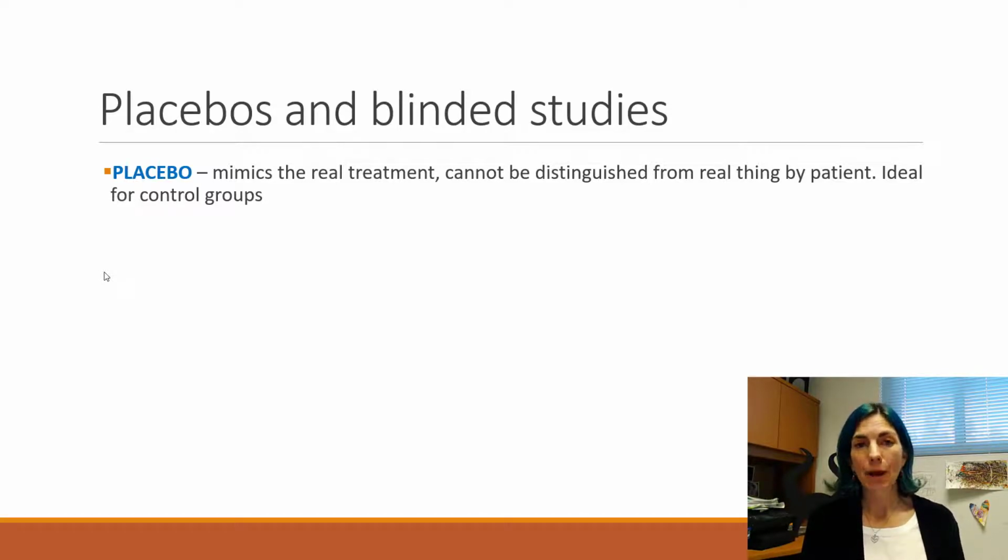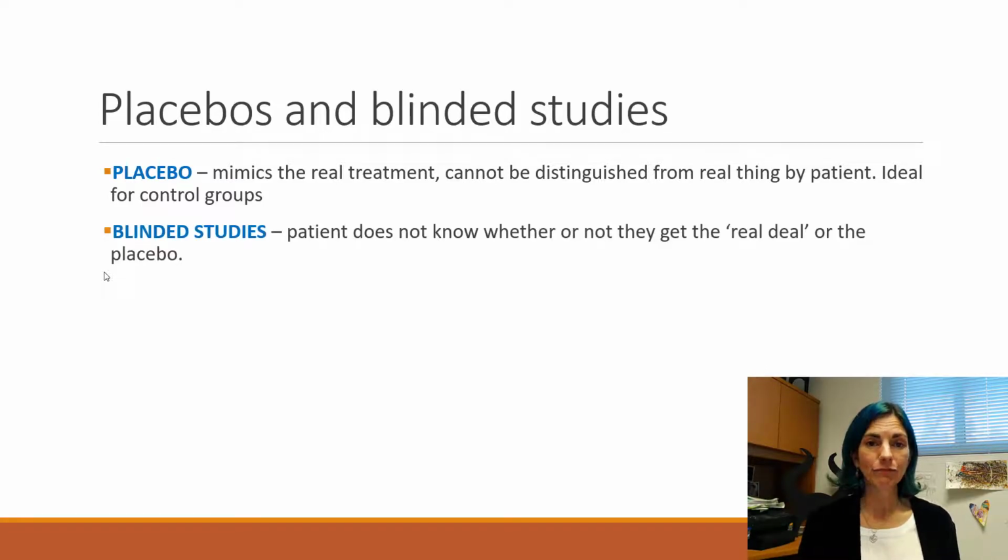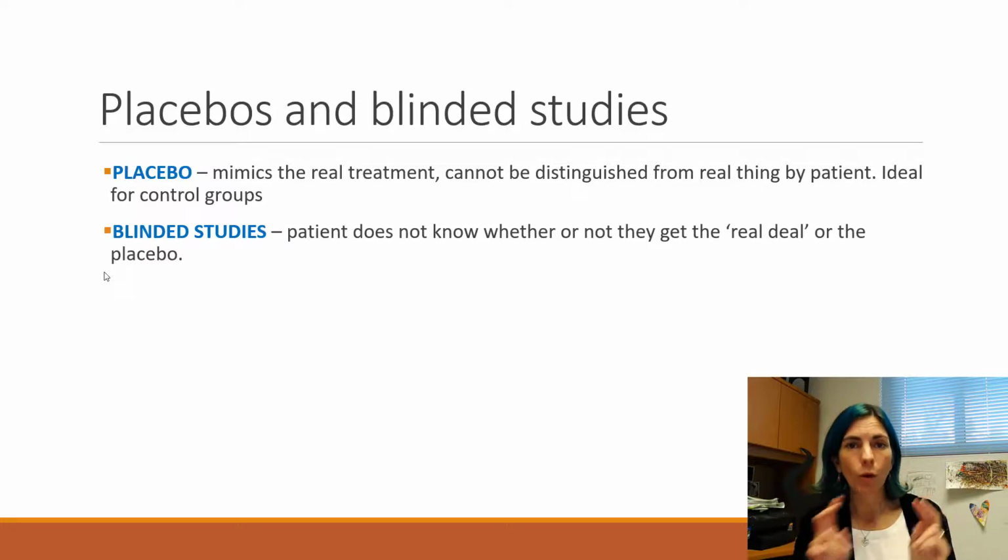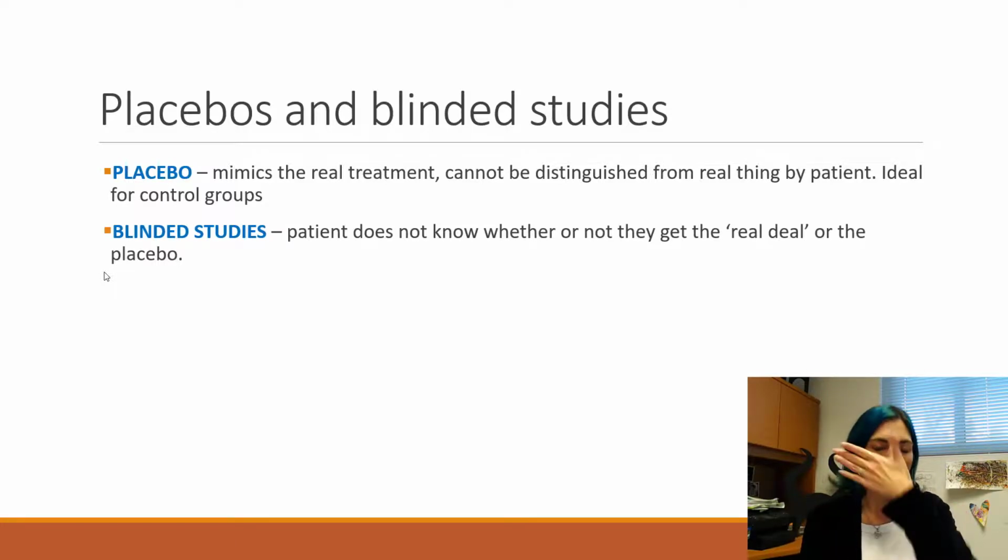So a placebo is used in conjunction with what's called a blinded study. In a blinded study, the patient does not know whether they are getting the real treatment or the placebo. So they are blind to what they are receiving. They're usually informed that they'll be in one group or another, but they're not going to know.